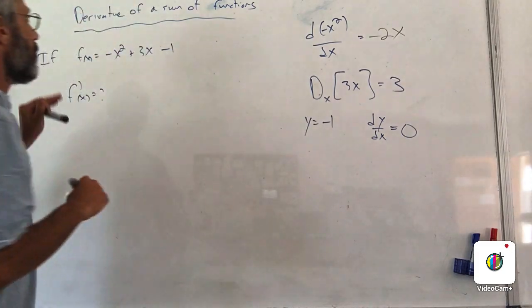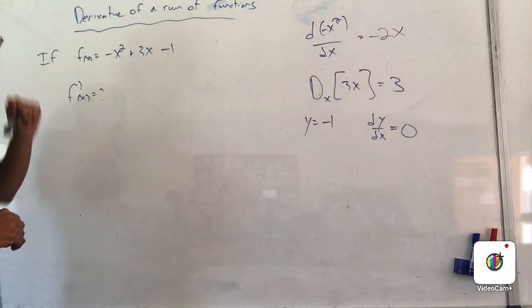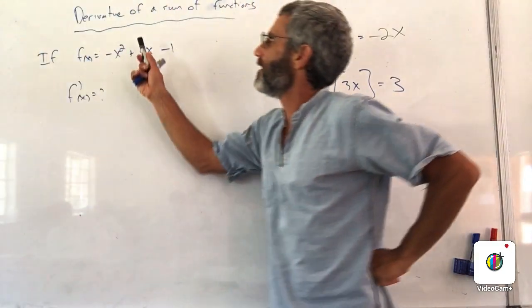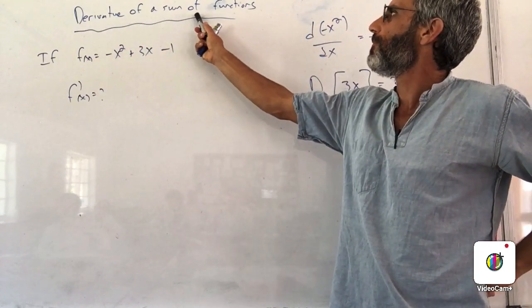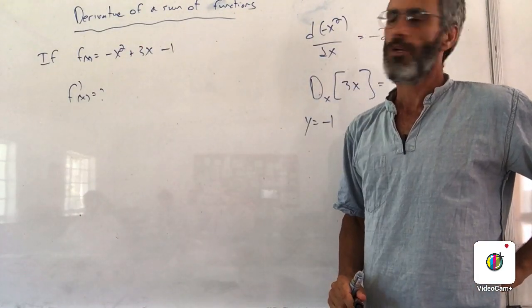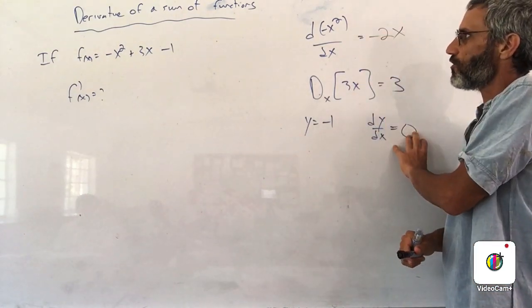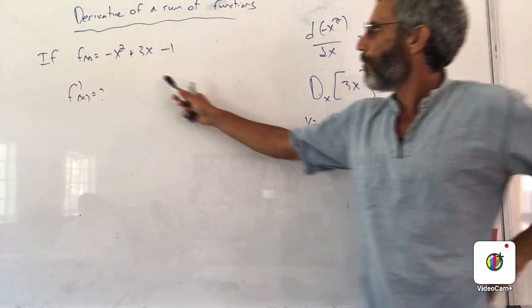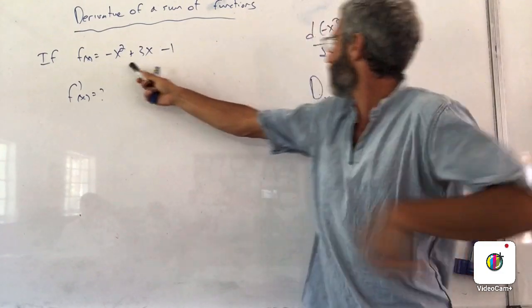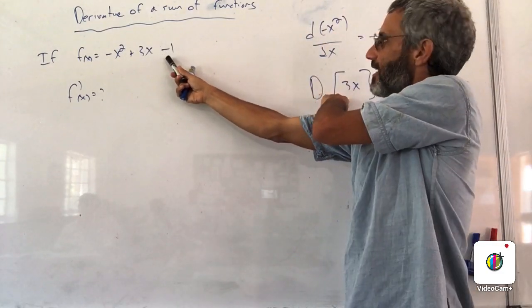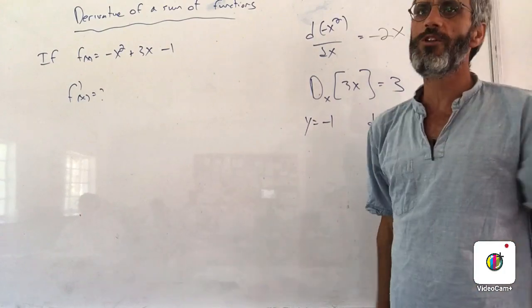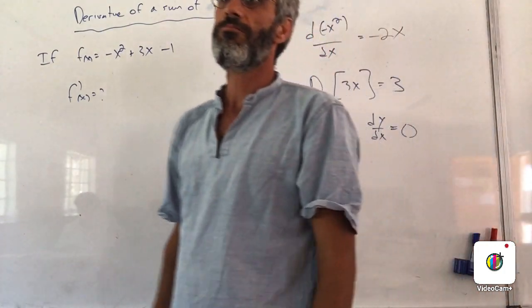What we're doing now, most of this lesson, is we're going to look at derivatives of a sum of functions. We know how to find the derivative of each one of these bits, but if I have a function which is minus x squared plus 3x minus 1, what will be the derivative? Guess.